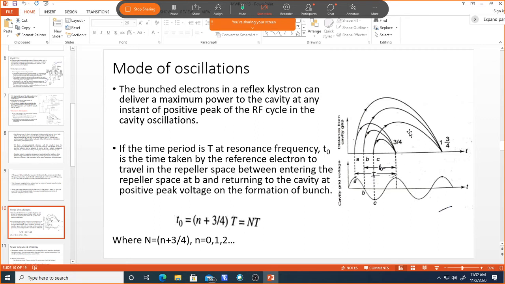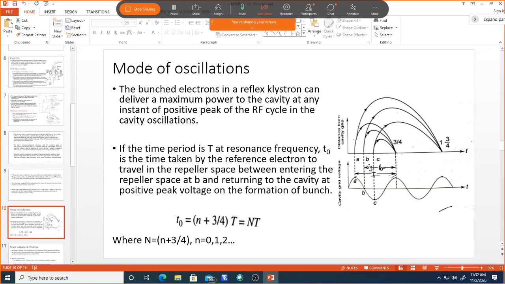Now, at what positive peak, or at what time, we are going to collect the electrons will be very important. Let T be the time period of the resonance frequency of the cavity, and T naught the time taken by the reference electron.